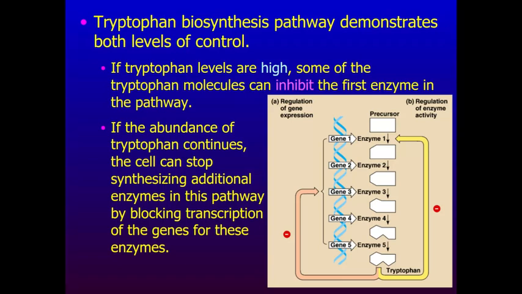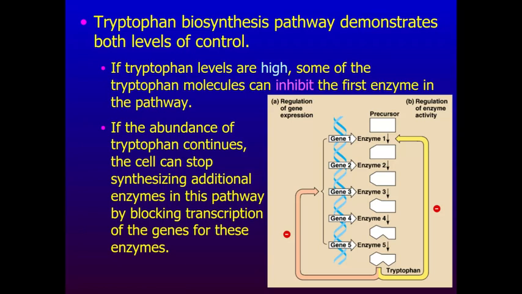Okay, once again, why produce tryptophan if you don't need it? If there's already a lot of it in the environment, there's no need to produce it. So through the process, what kind of feedback would this be? Positive or negative feedback? We've got the product turning off the synthesis. That's going to be negative.